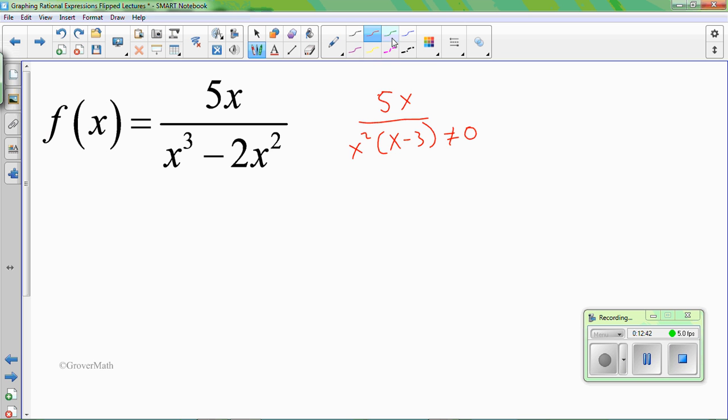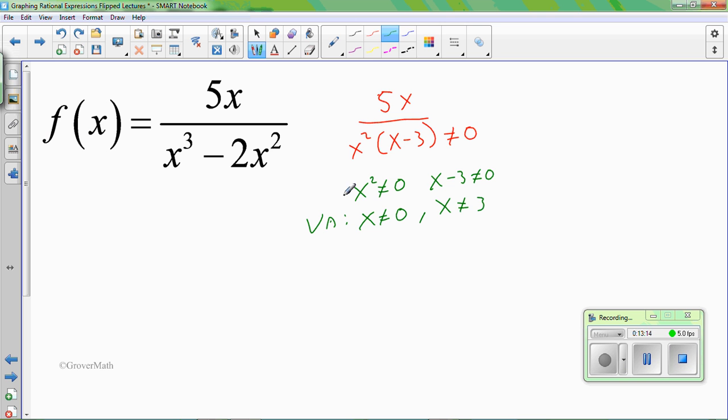Set each of your factors here not equal to 0. Taking out an x squared is just like taking out an x. You're just going to end up with x does not equal 0. The square root of 0 is just 0. You don't need to worry about plus or minus 0 because 0 isn't really a number like that. And the x minus 3 cannot equal 0 gives us x cannot equal 3. And these are the vertical asymptotes.